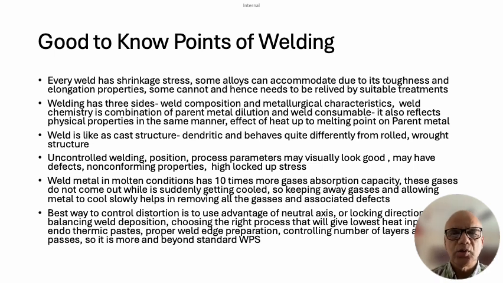Otherwise we'll have to really do a testing, understand the behavior, the material characterization. So weld chemistry is very important to know. It is not the chemistry of the electrodes or the consumables, it is the chemistry of the resultant dilution which is going to come from the parent metal and the consumables we are using, and the process which we are using.